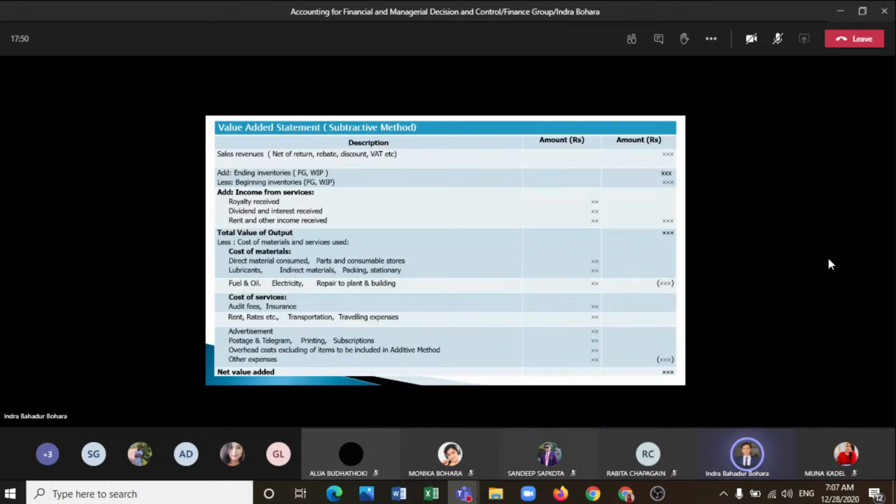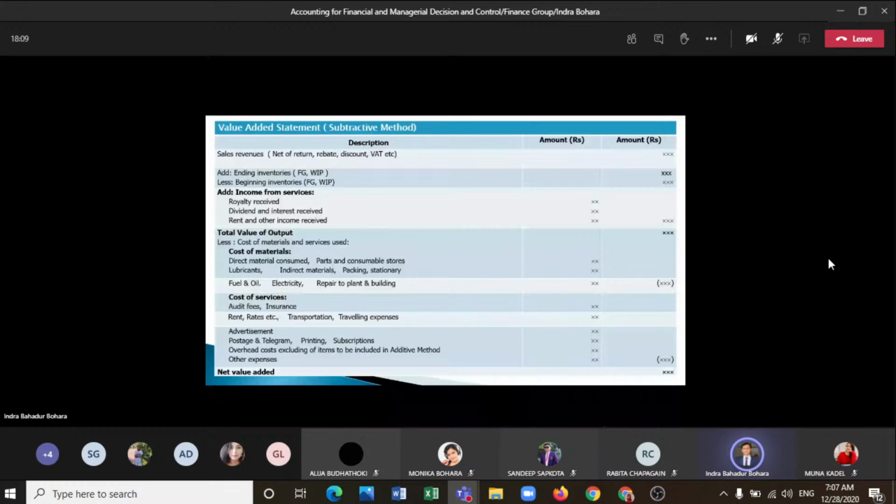Value added is 8,000 sales revenue minus 6,000 cost of material and service, which is 2,000.